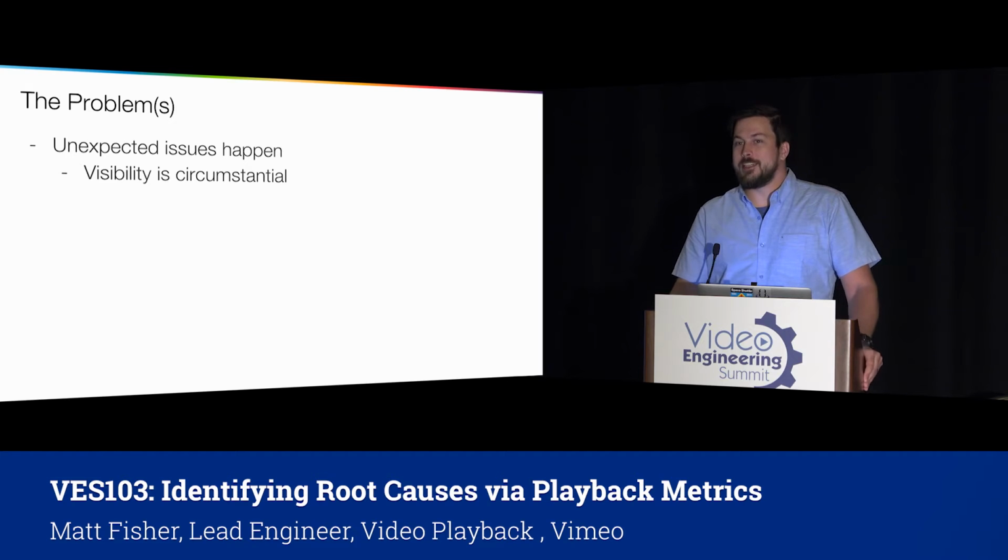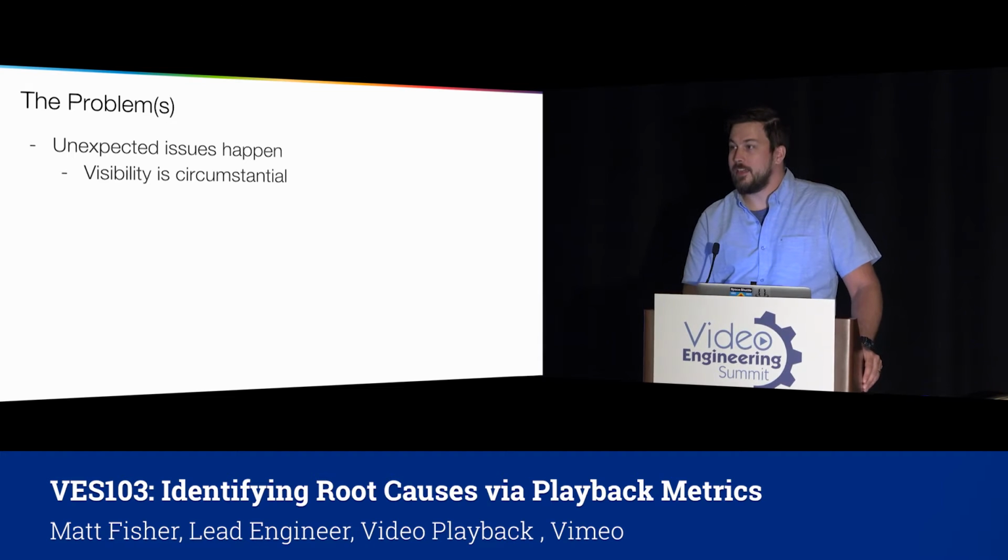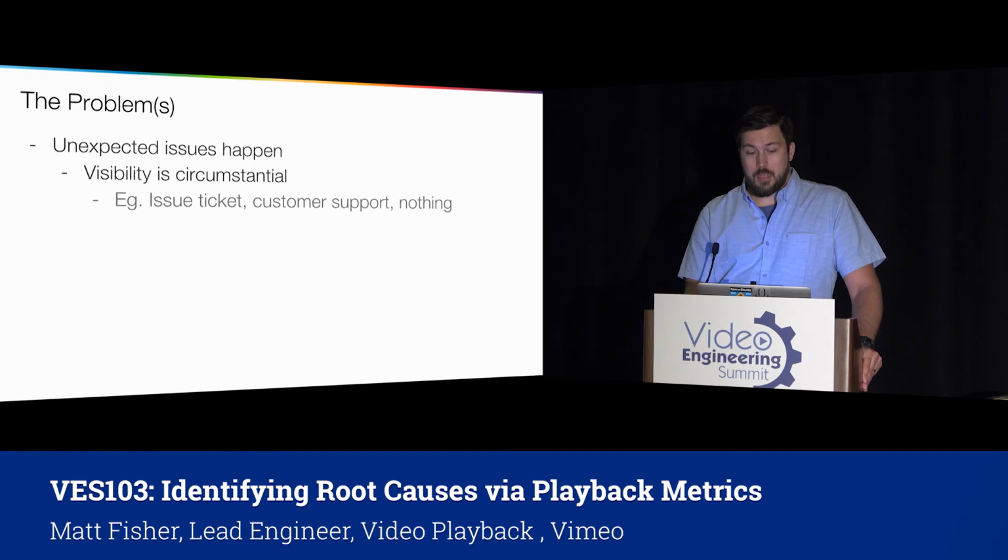Just because they're happening doesn't mean people are going to be aware of it. Visibility is very circumstantial, depending on whether you have alerts, anomaly detection, or dashboards in the office that people are continually paying attention to. That doesn't mean you're going to catch everything, but in my opinion, the more detail you can provide yourself in metrics, the less circumstantial it can be.